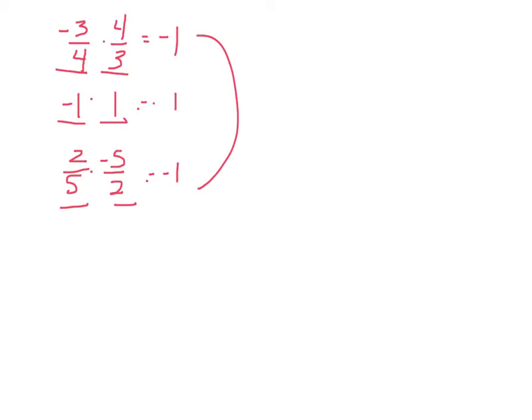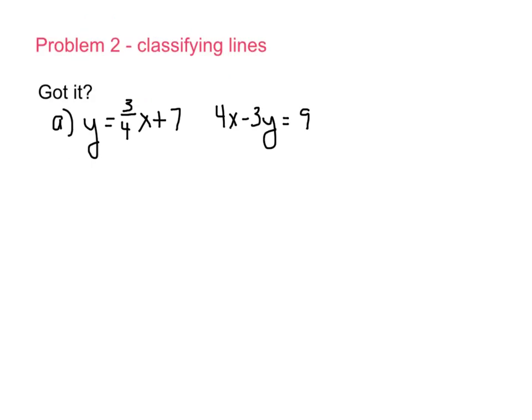So now let's look at problem 2. Problem 2, you are classifying the lines as perpendicular, parallel, or neither. So the first thing you have to do is identify the slope. So in A, it says y equals 3/4 x plus 7. Piece of cake. M equals 3/4. In the second equation, 4x minus 3y equals 9, you first have to solve this equation for y.